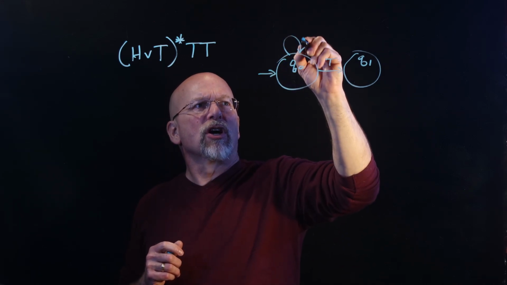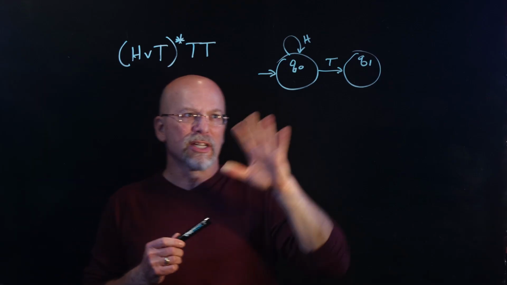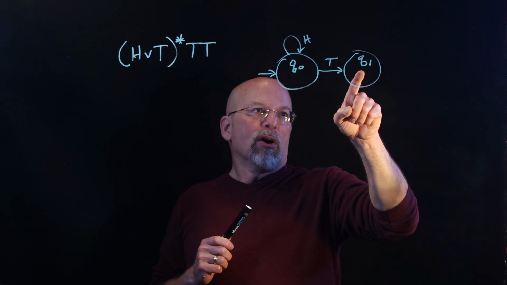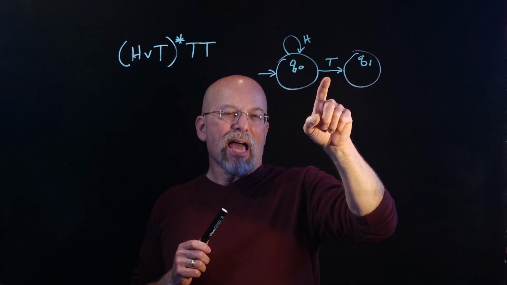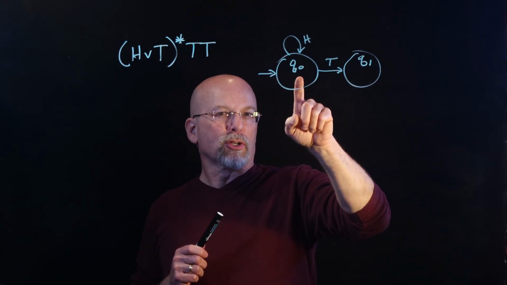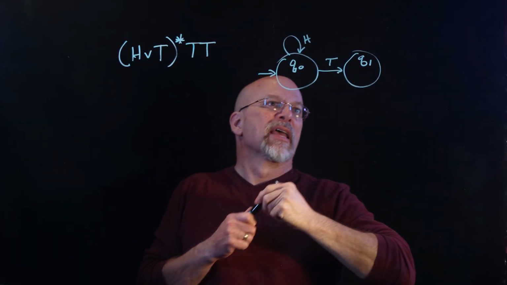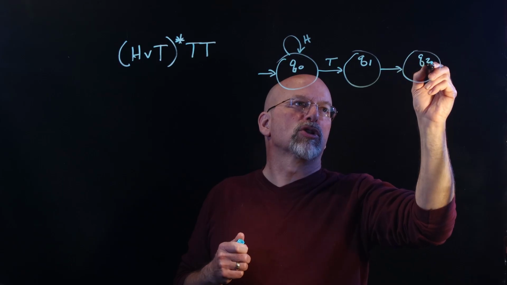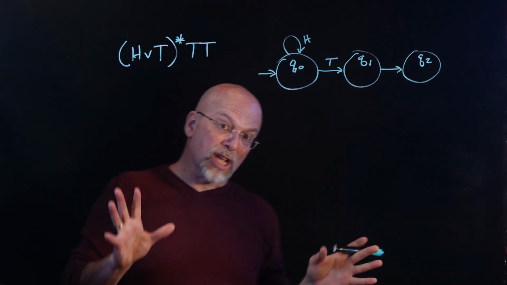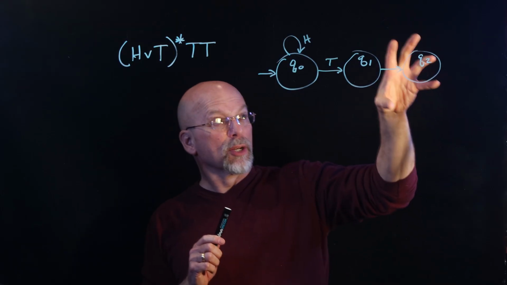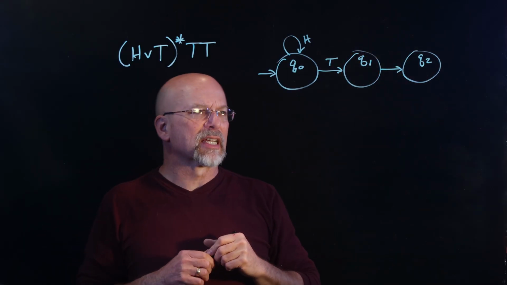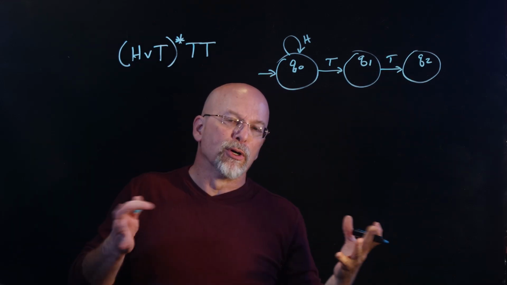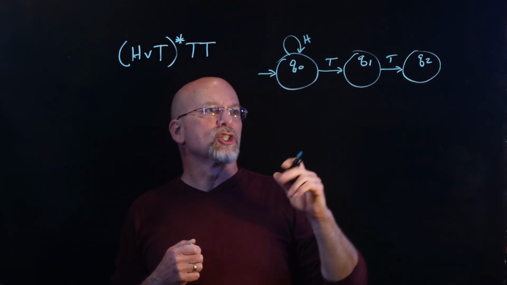If we got a coin toss that was a heads, it kept us in state Q0 waiting for a tails. Now, Q1 basically says the last coin toss was a tails, but the coin toss before it was a heads. If we get another tails, it brings us to state Q2. In our discussion of finite automata, I would put two circles around this to show that it was an accepting state. The point is that now we're going to use the output to show what the condition of our state machine is.